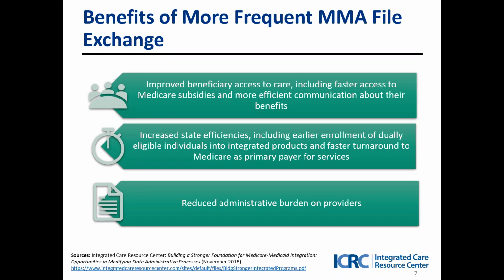For qualified Medicare beneficiaries specifically, or QMBs, it can result in quicker coverage of Medicare cost sharing, faster communication regarding their lack of liability for Part A and B cost sharing, and protections from providers who try to bill them inappropriately for Medicare cost sharing amounts. And just to clarify, QMBs are a category of dually eligible individuals who receive coverage for Medicare Part A and B premiums, as well as coverage for Part A and B cost sharing through the state Medicaid program.